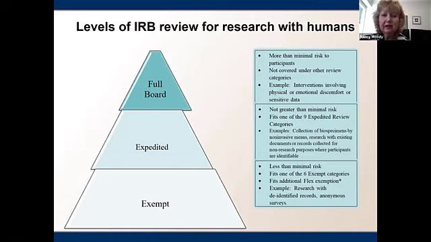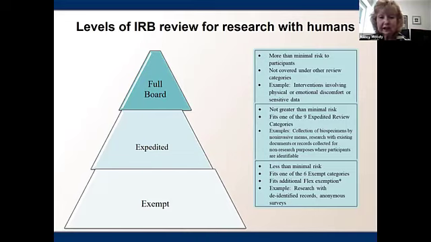The medical personnel might initiate a study, or they may go to a sponsor, which would usually be a drug company or a group that's following a disease, like the Cancer Society. So expedited and exempt are the minimal risk.